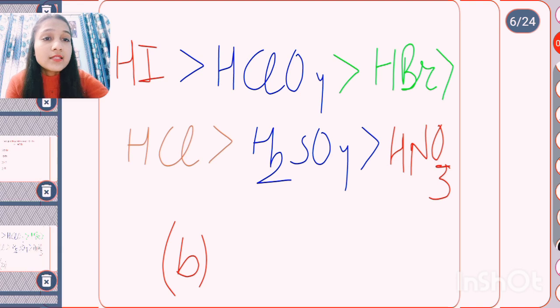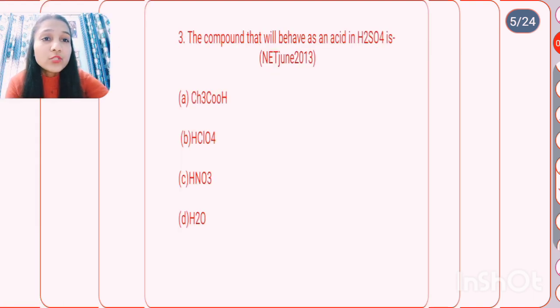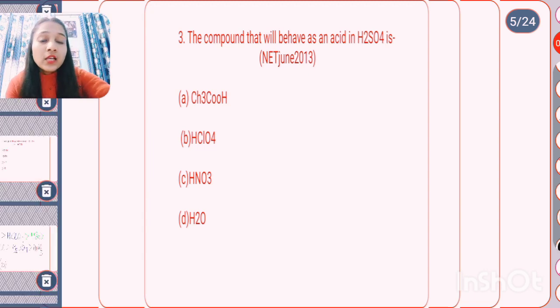So here you can easily see in our question we have to tell the compound which will behave as an acid in H2SO4. So the first option is CH3COOH. We know it is a very weak acid, so it will not behave as an acid in H2SO4. Second is HClO4. Third is HNO3. Fourth is H2O. H2O is also a weak acid, so it also will not behave as an acid.